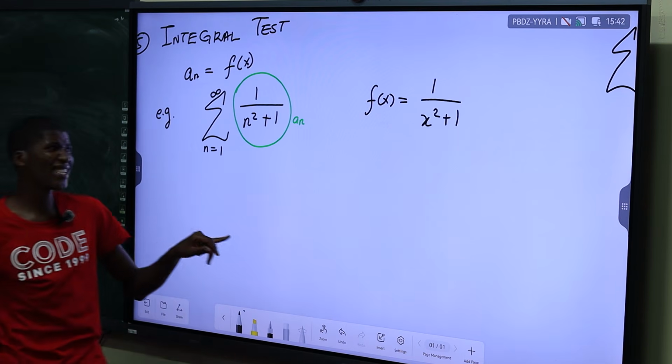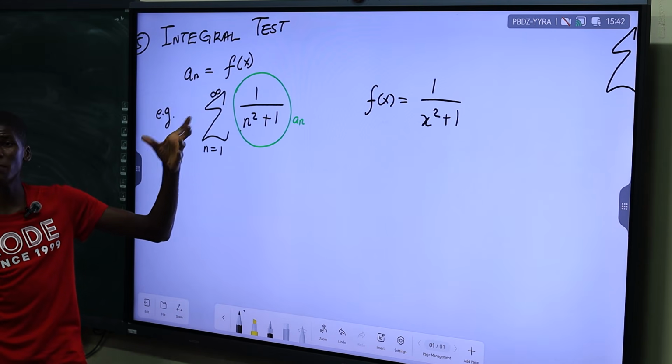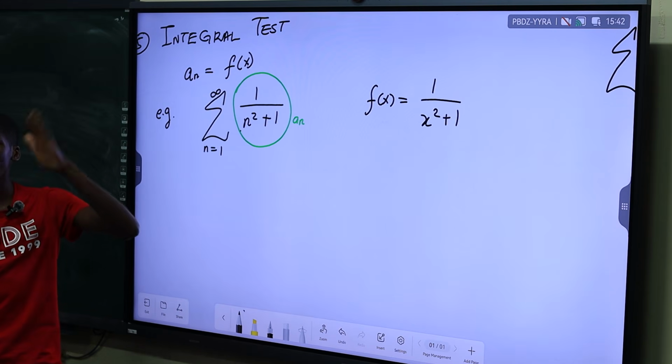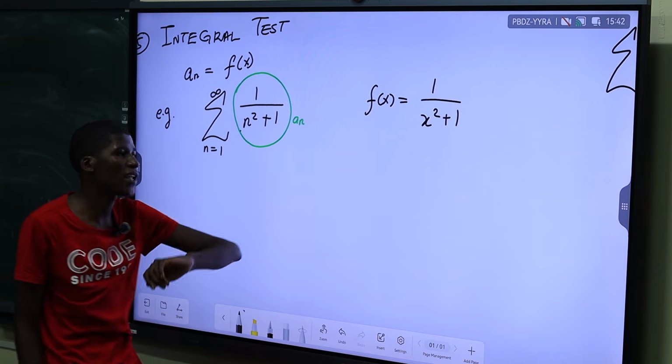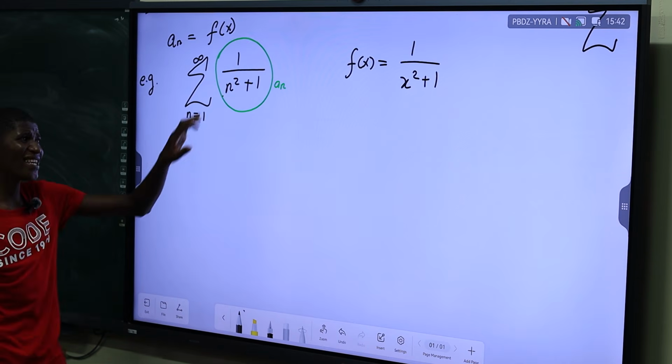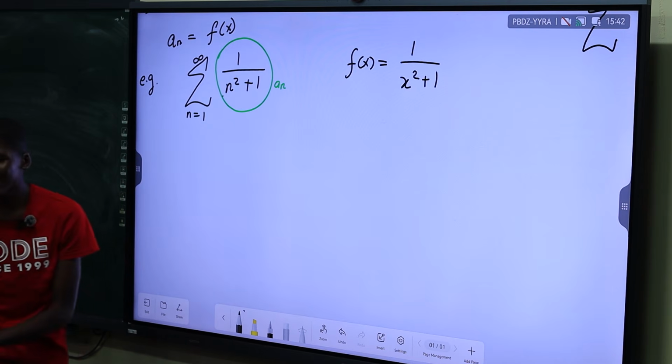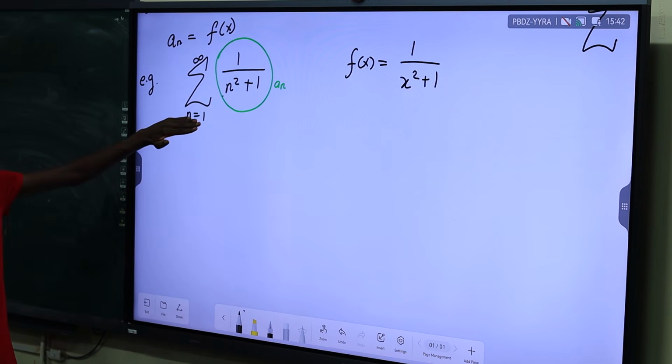So you just replace n with x because you just want to plot it using the x and y Cartesian plane. So f of x is 1 over x squared plus 1. Then you find the integral, from n equals 1 until infinity.